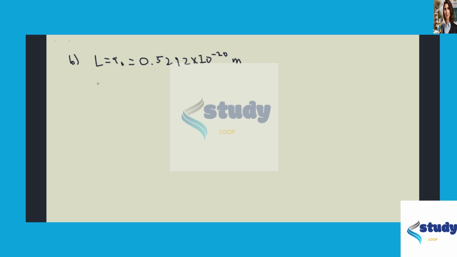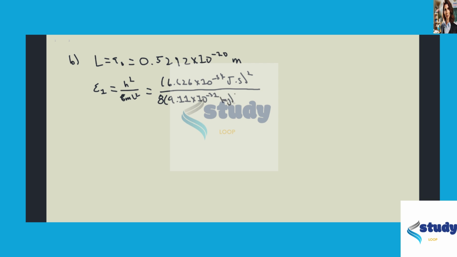So the ground state energy E sub 1 is given by h squared over 8mL squared, which is equal to 6.626 times 10 to the minus 34 joule seconds, squared, divided by 8 times the mass of an electron, 9.11 times 10 to the minus 31 kilograms, times the Bohr radius squared, 0.5292 times 10 to the minus 10 meters, squared.